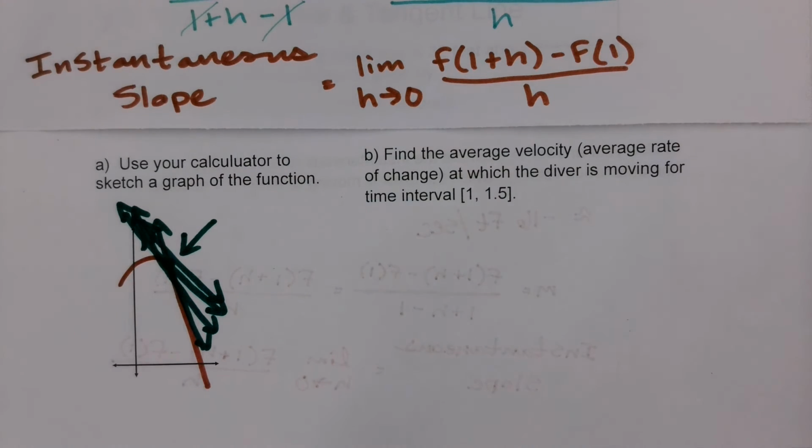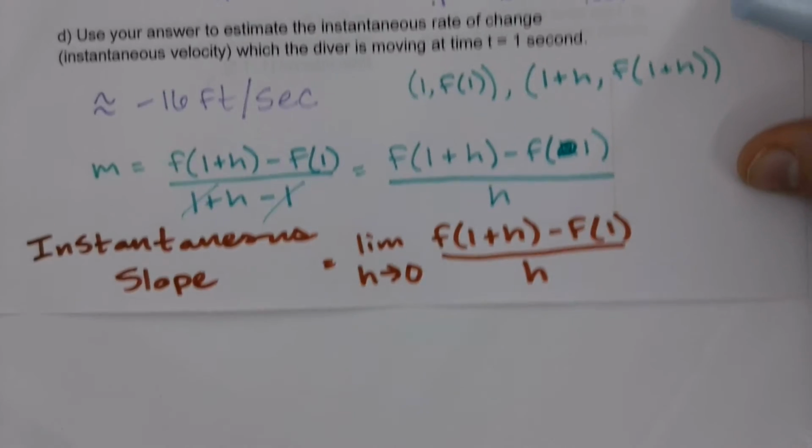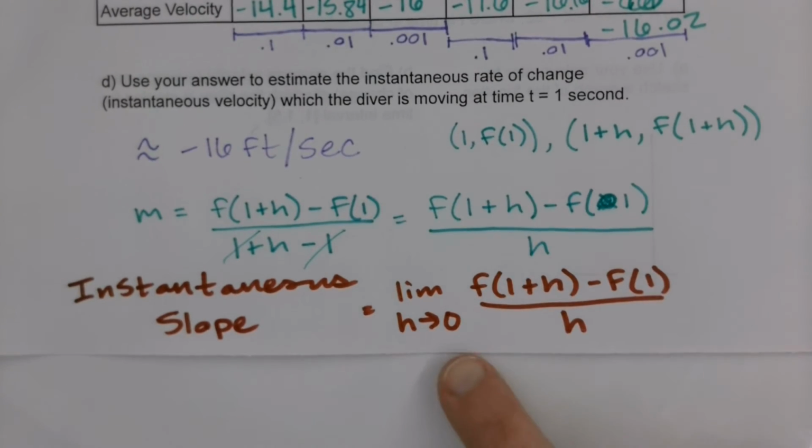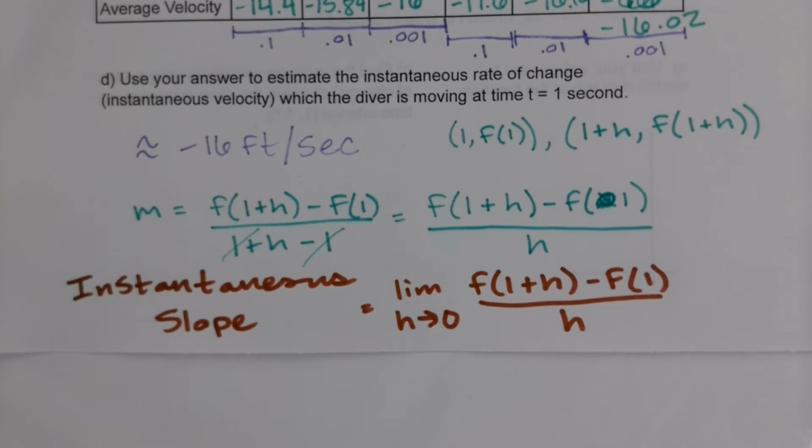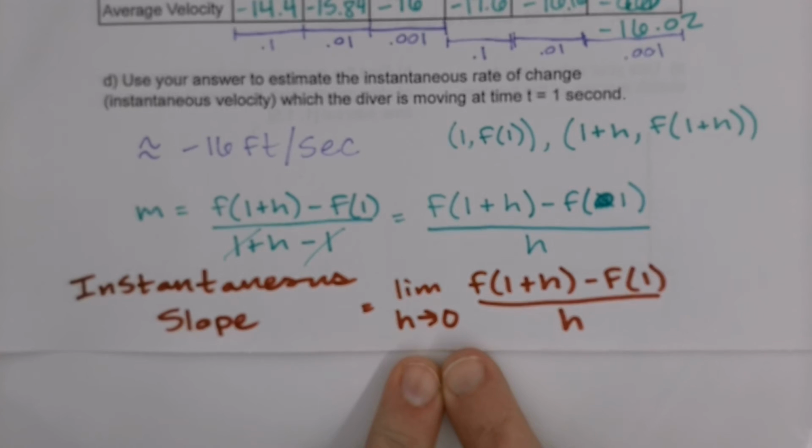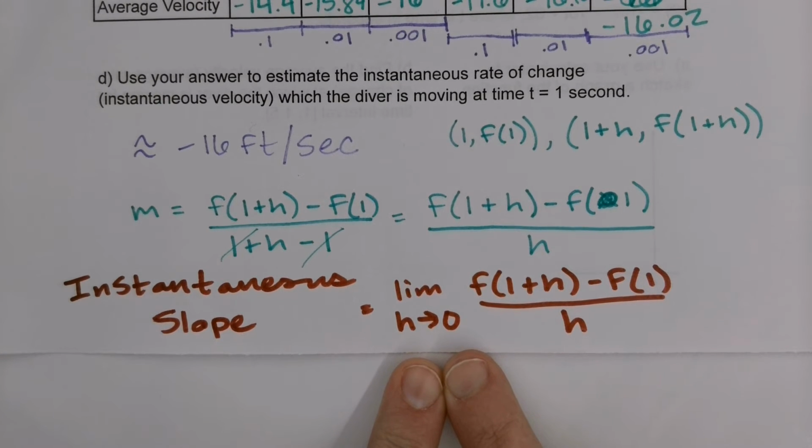So the only way that we can find instantaneous velocity is through calculus, by finding the limit as h goes to 0. Because we know that there's never actually an interval of time that goes from 1 to 1. Nothing happened. There's no time there. But we can look at what happens when we approach there being no time in between.